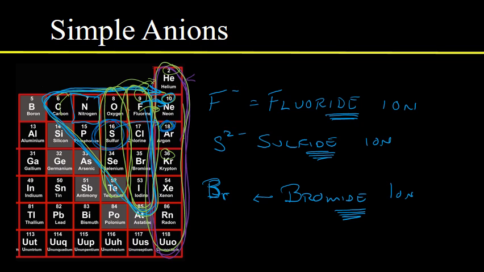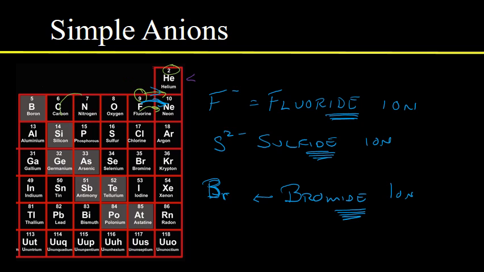And then to figure out what the charge would be, whether it's going to be -1, -2, -3, you just look at the periodic table, and bromine is here. It has 35 electrons. Krypton's here with 36. That means bromine is typically going to gain 1 electron to have a -1 charge.